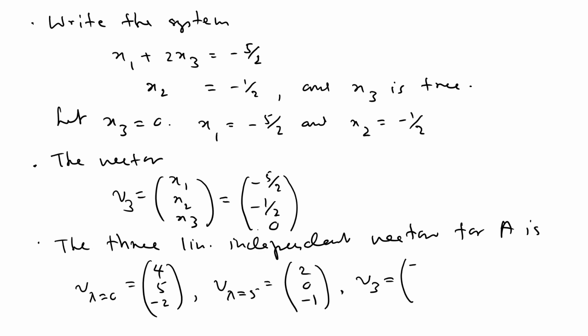That's just a generalized vector. It is 5/2, -1/2, 0. So this is a generalized vector, but those 3 are linearly independent. You can see where the 0 is in the second and third, so it's clearly linearly independent. Okay, so this is how we find the three vectors.